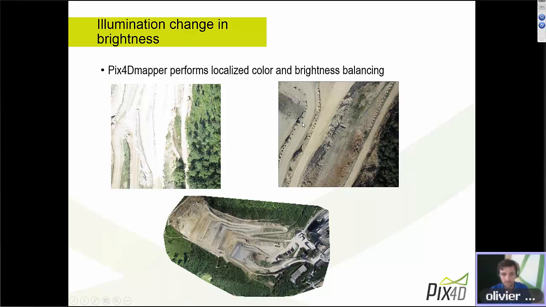So in this data set, at the same spot, we had an area which was really way too bright because the camera chose some settings which made the pictures look way too bright, and in another one, quite a dark one. And you can see that in the final orthomosaic, you don't see any huge variation of this data because Pix4D Mapper was able to correct it locally.